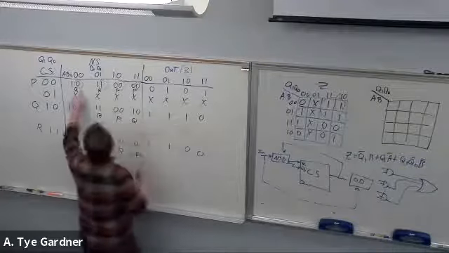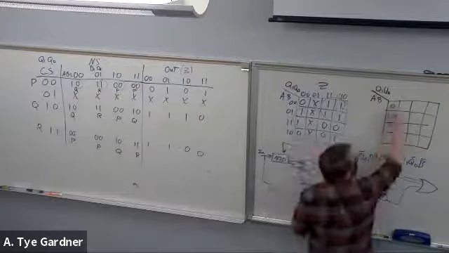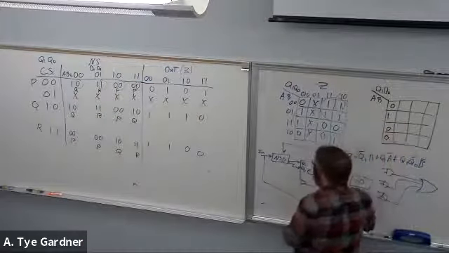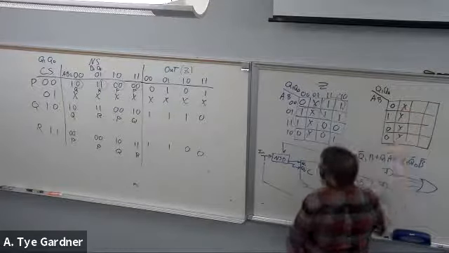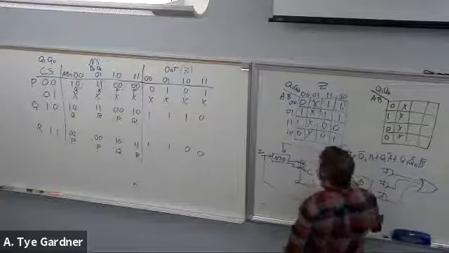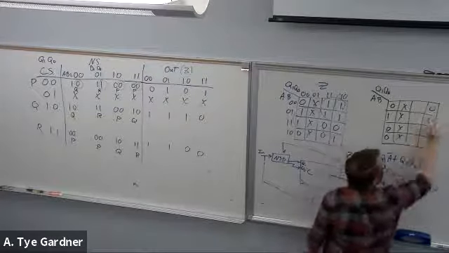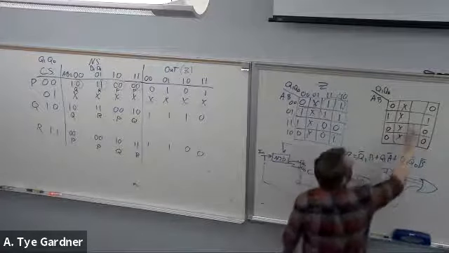Well, it's going to be 0, 1, 0, 0. Same thing, we have don't cares in the second column. And then we have 0, 1, 0, 0. And then 0, 0, 0, 1.